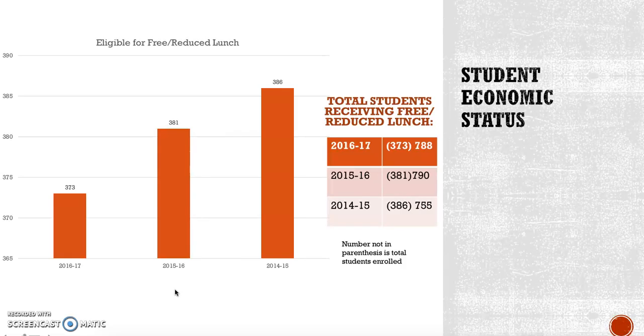It also could be parents are not returning their applications for free and reduced lunch, but there's a clear decline in the population of students that are receiving free and reduced lunch. It also could be the population of students that receive these services are no longer at the school if they have moved.